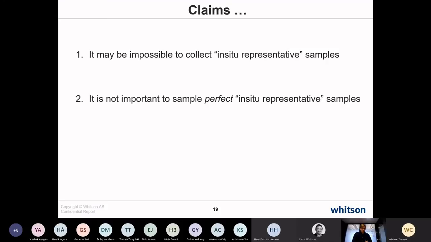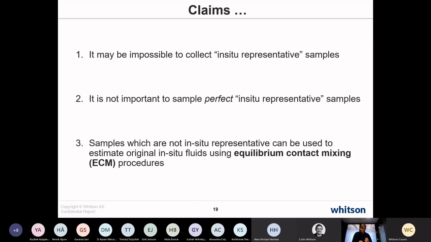That's one claim, and the other claim is that it's actually not important to sample the perfect in situ representative sample, which we defined earlier. We'll get back to why. And the third claim is that we can actually use samples which are not in situ representative, but reservoir representative, to estimate original in situ fluids using the ECM procedures. And that's what we're going to talk about today.